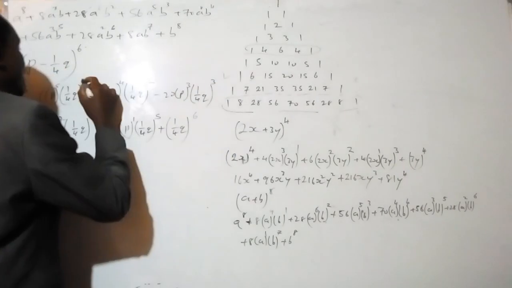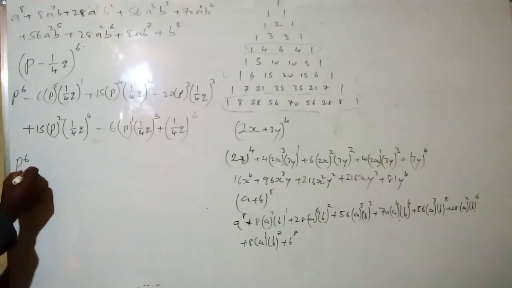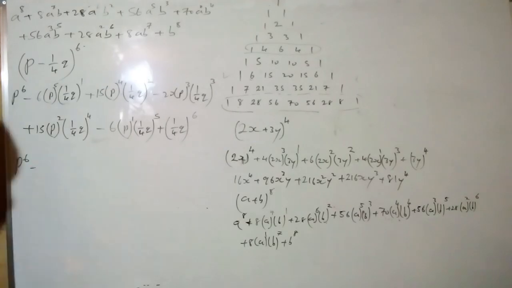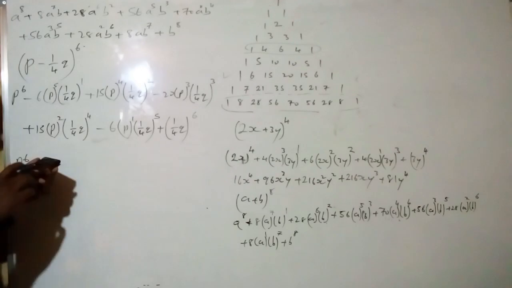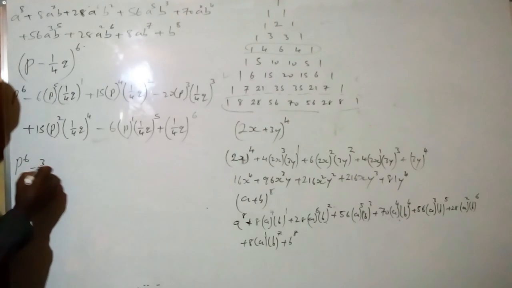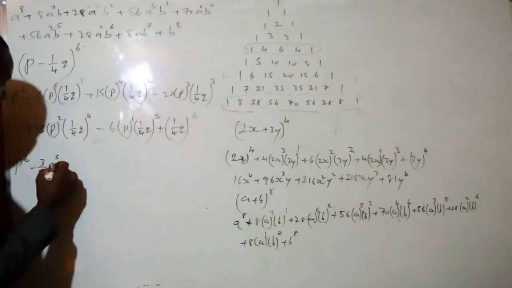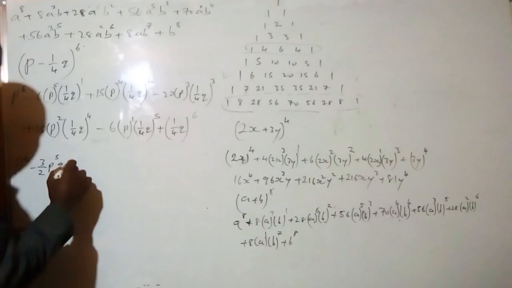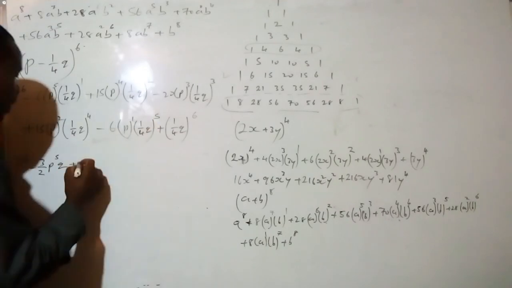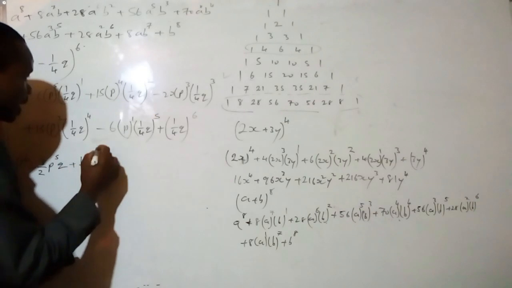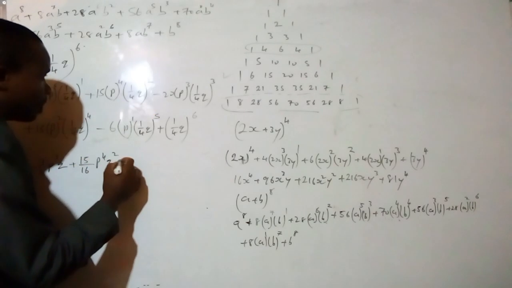Thereafter you expand. P raised power 6 minus 6 over 4. This will be 6 over 4, it's supposed to be 3 over 2, P raised power 5 and Q. Next, plus, this will be 4 raised power 2, it's 16. 15 all over 16, P raised power 4, Q raised power 2. Minus, next, 4 cubed is what?